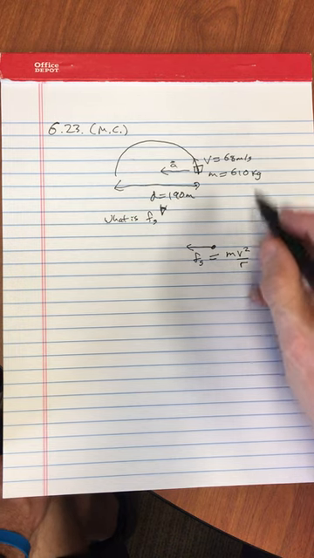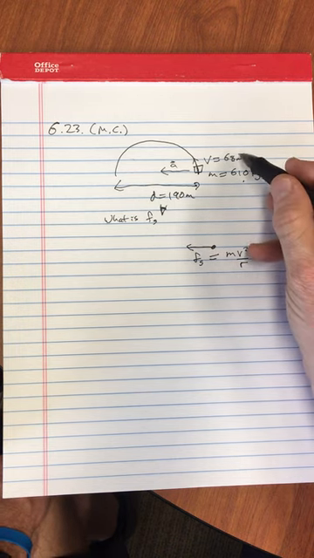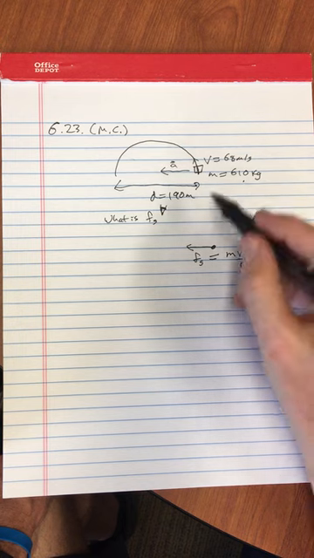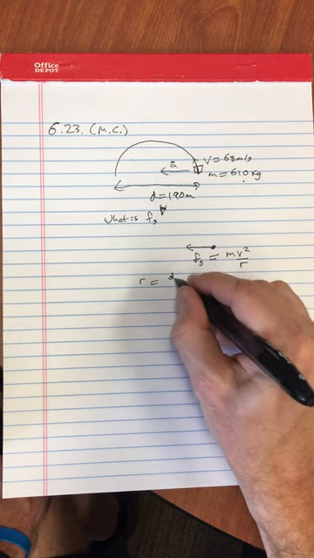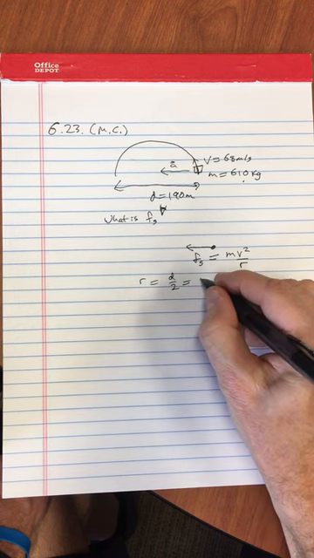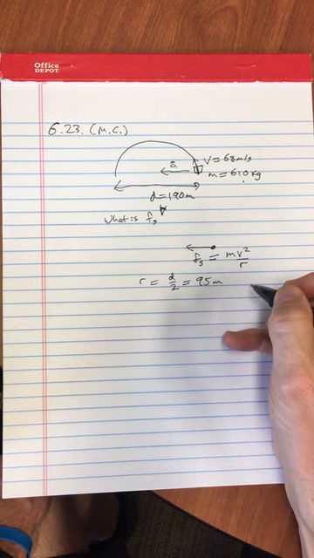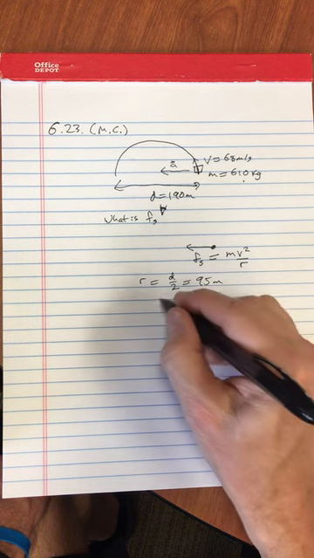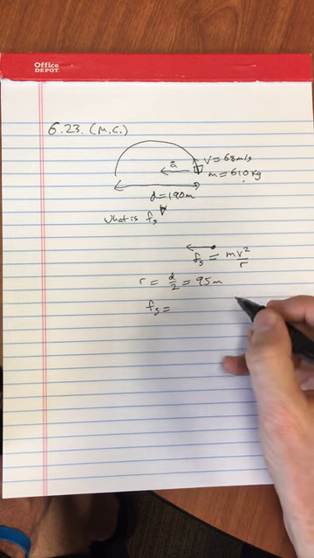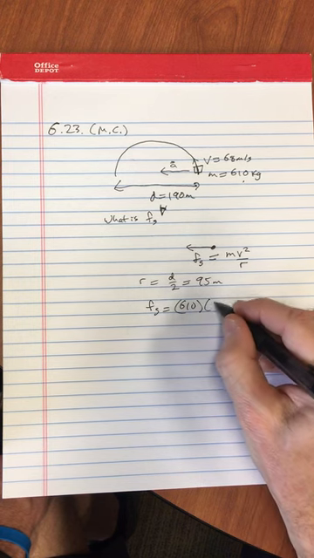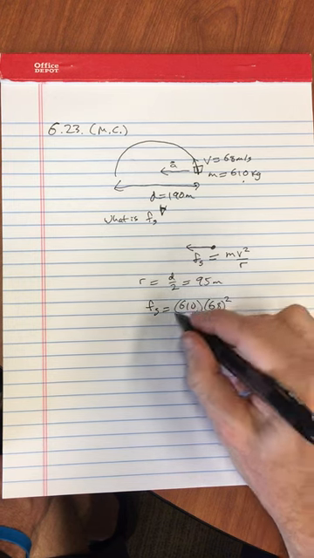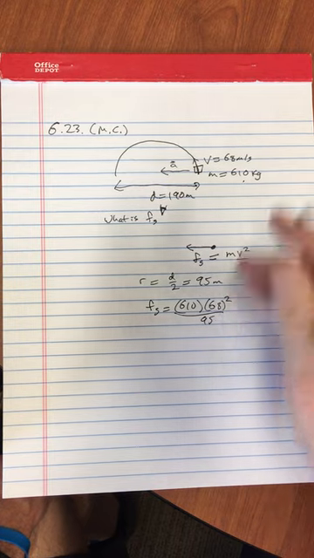Well, I'm given m, 610 kilograms, v, 68 meters per second, and r, the radius of the circle, is just half of the diameter, so r is d over 2. That's 95 meters. So the static frictional force is just 610, that's the mass, times 68 squared, that's the velocity, divided by 95.